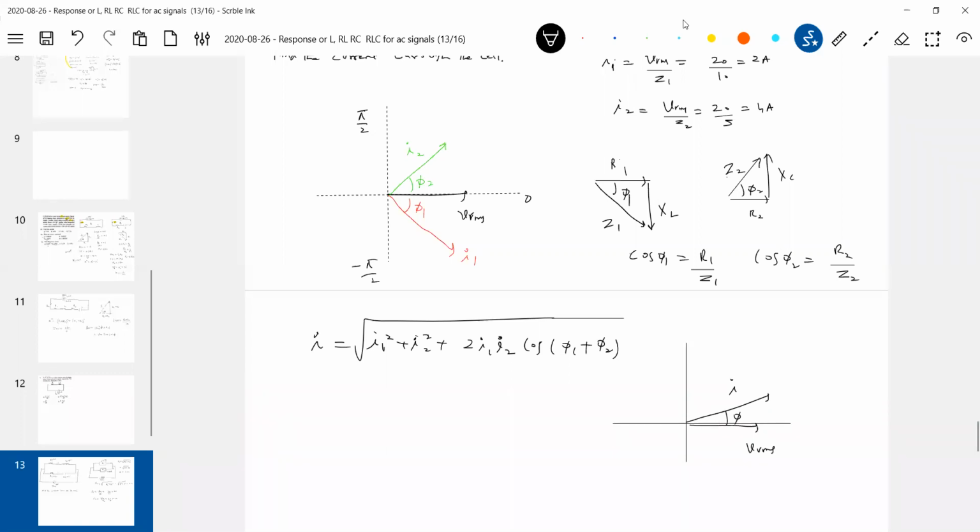This is the phase angle of the circuit. So what is I? This I is this one. How much angle it will make with applied voltage VRMS, you should calculate by vector diagram, or else you can go for unit vectors, like along the x-axis how much it is: I1 cos phi 1.